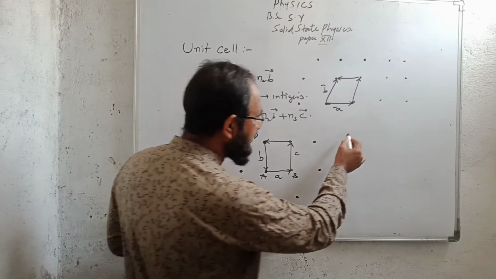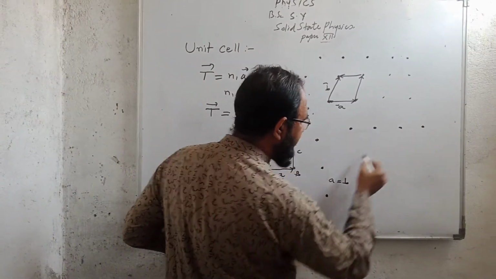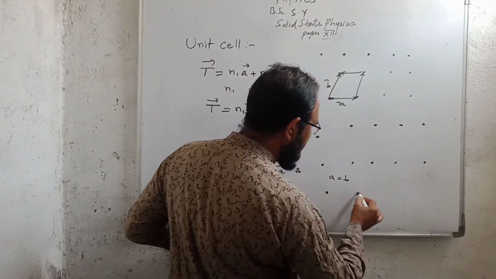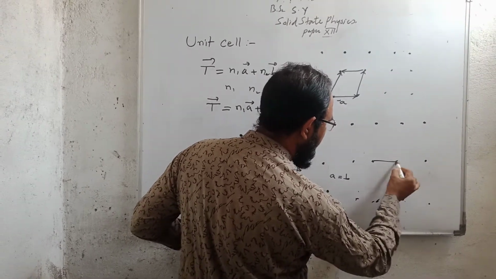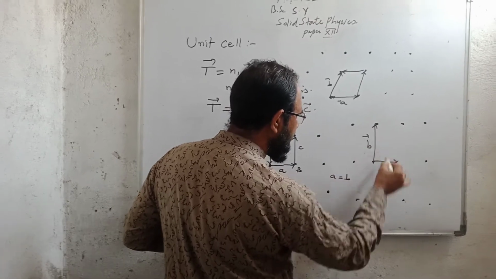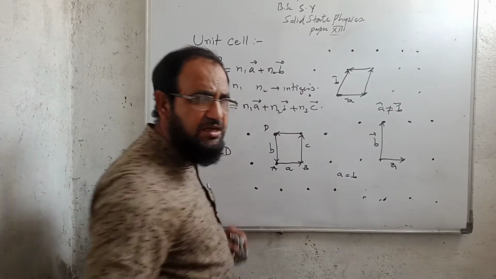For example, here the lattice points are situated such that A is not equal to B. Here is A and here is B, and vector A is not equal to B in magnitude.